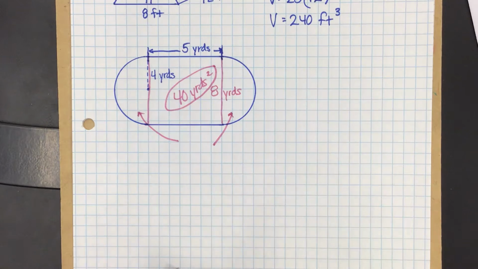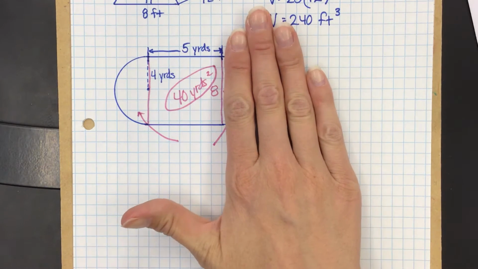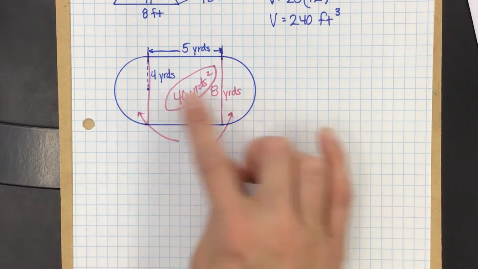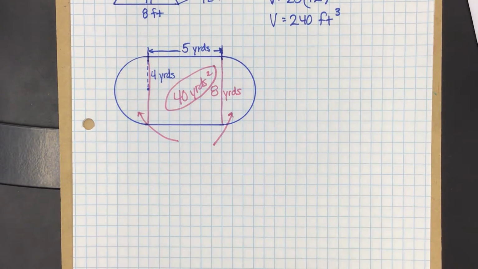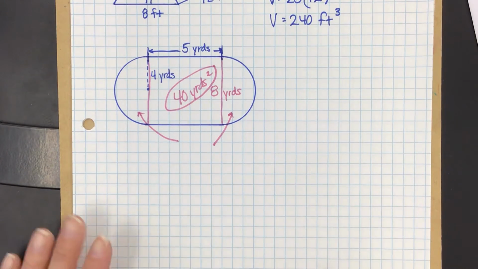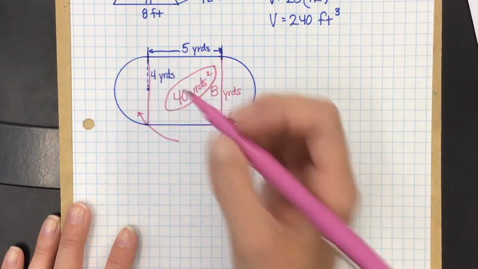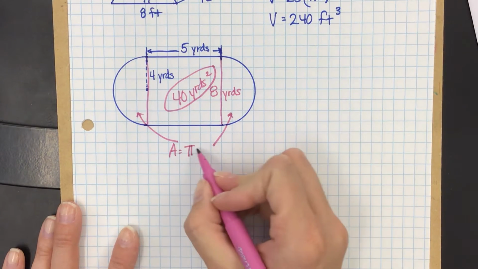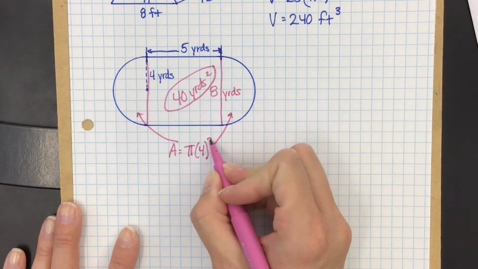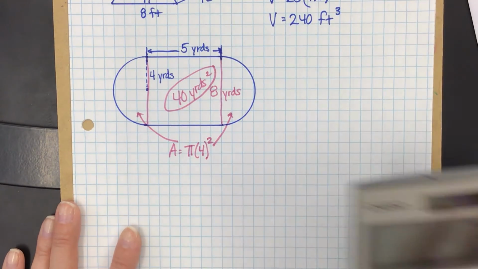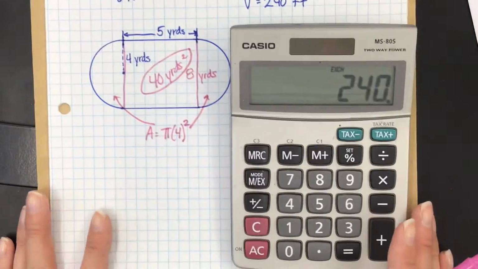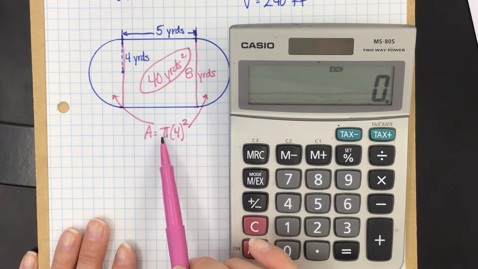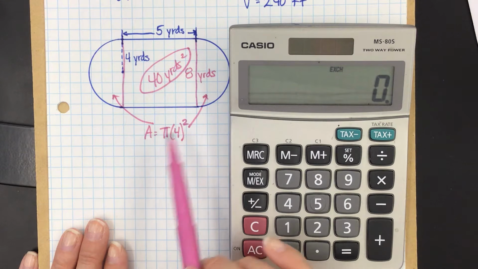Now, if this stopped right here, then you would want to find the area of the circle and then divide it by 2. But since you have the whole circle in this problem, you can just find the area of one circle. And that circle has a radius of 4. So this is going to be pi times 4 squared. Now, be careful when you are typing this into a calculator. A common error is that people will do pi times 4, and then they'll square the whole thing.